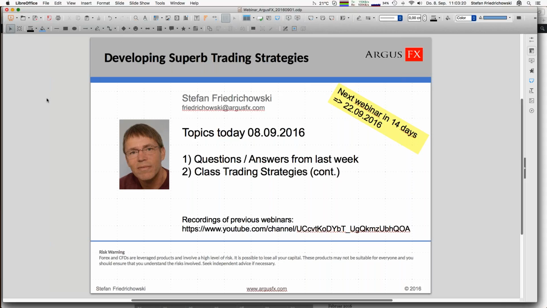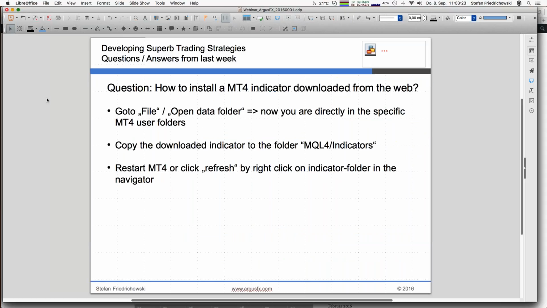Now let's go into the details of the questions. The question was simply how to install an MT4 indicator which somebody has downloaded from the web. Because if you want to find something on the internet about indicators, expert advisors, scripts, and so on, you will find hundreds or even thousands of those.